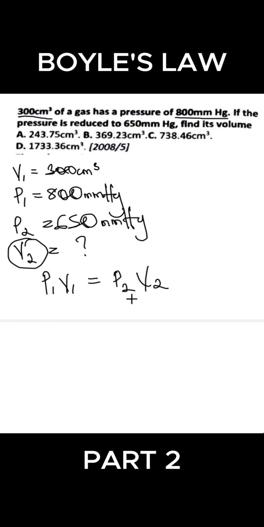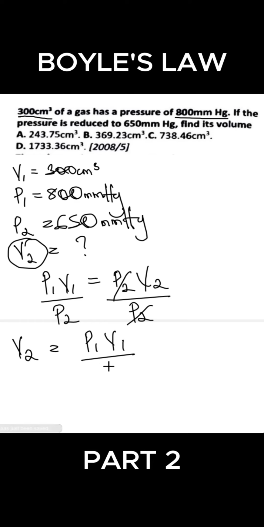How do you do that? Divide both sides by what is close to V2, which is P2. So if we divide both sides by P2, P2 cancels P2. So V2 becomes P1 V1 over P2.